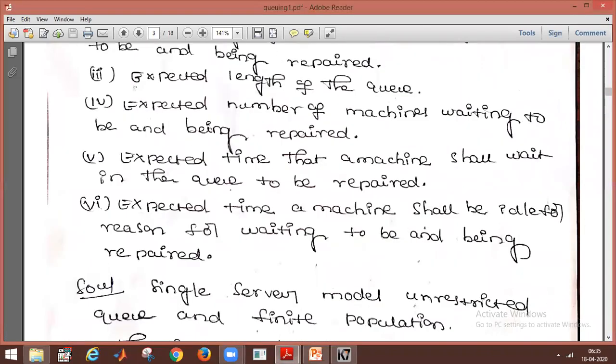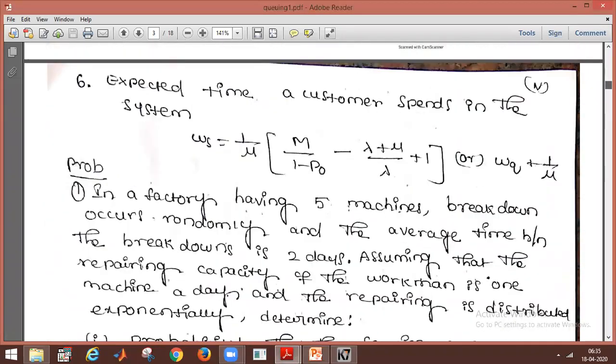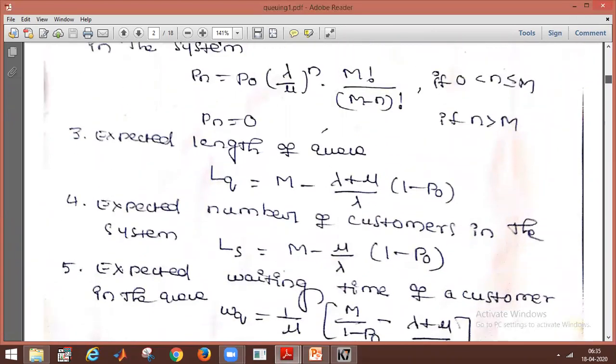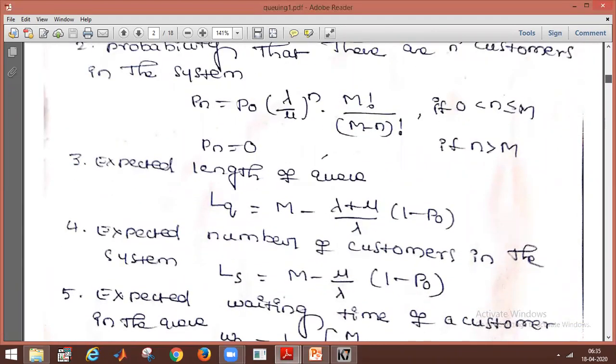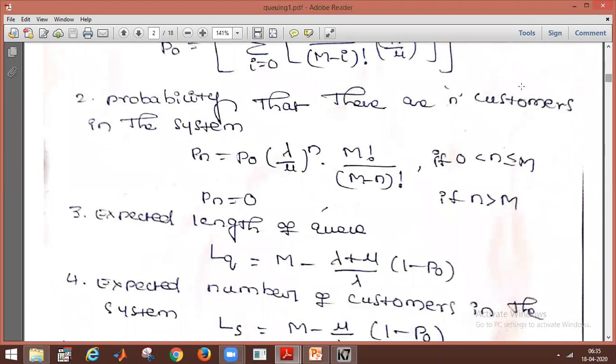Pn is equal to, we go to the formulas. Pn is the probability that there are n customers in the system, and the value lies between 0 less than n less than or equal to m.